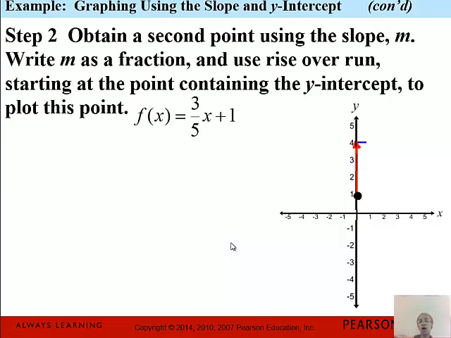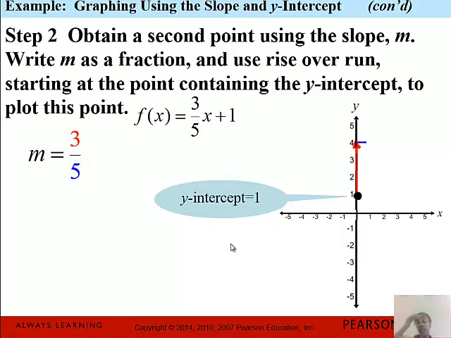So we already have the y-intercept plotted, and the slope is 3/5, so the rise is the numerator of the slope, and that is 3. So from the y-intercept, we're going to rise, and in this case, we're going up because the rise is positive.